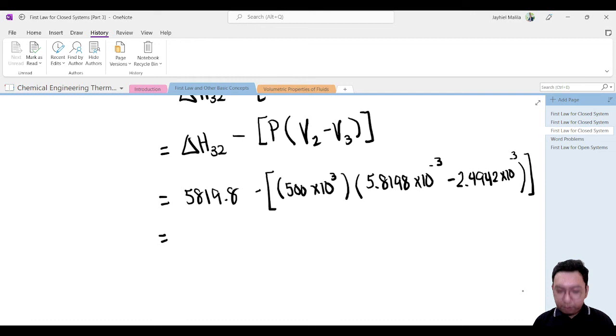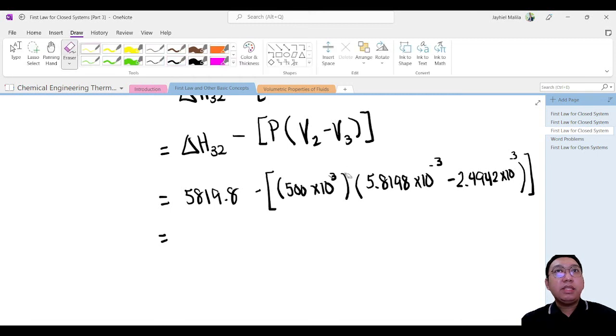And then, let's multiply it. Oops. Make sure that it's positive 3, the exponent, and it's negative 3 here. So you might mess that up. Everything will change if there's a clerical error. Okay. 5819.